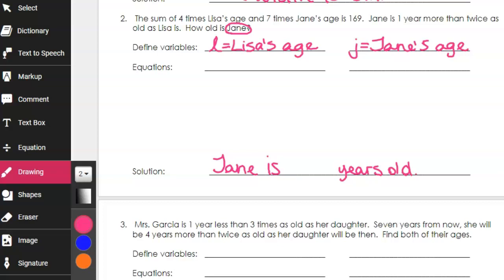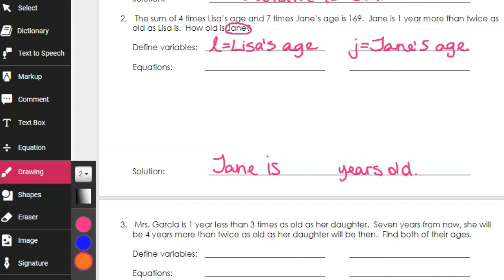So like capital A is the area, capital P is the perimeter, capital V is the volume. So typically those denote something in a formula. Lowercase l and lowercase j would be appropriate here. So I'm going to go ahead and switch my colors.